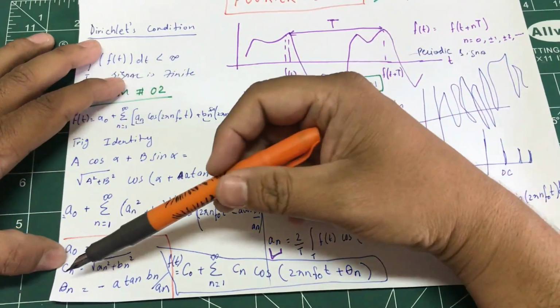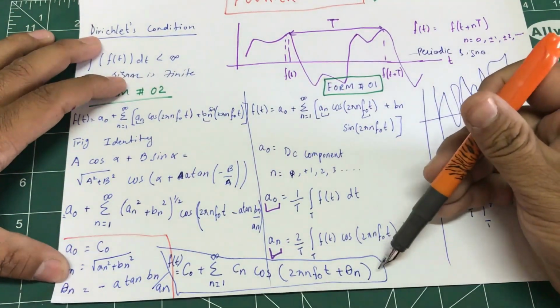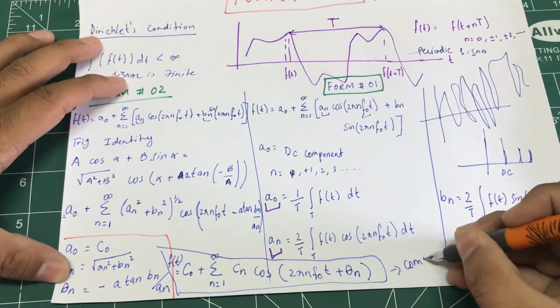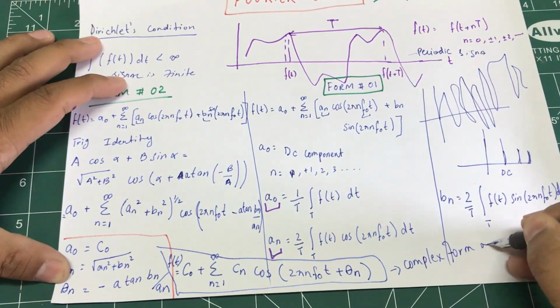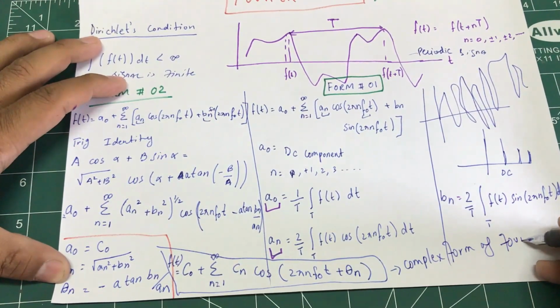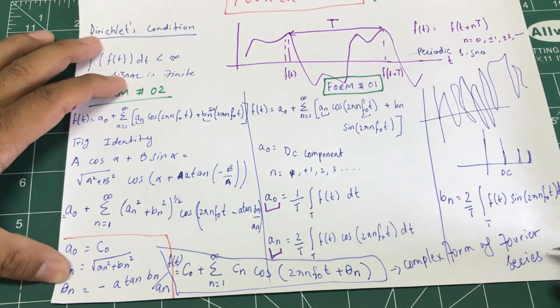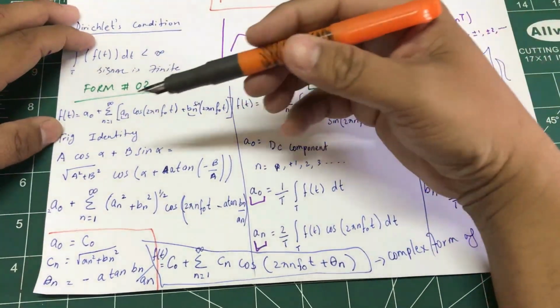And this whole thing I'm calling Cn. So this has become this. So this is actually a complex form of Fourier series. So first form is this, second form is this.